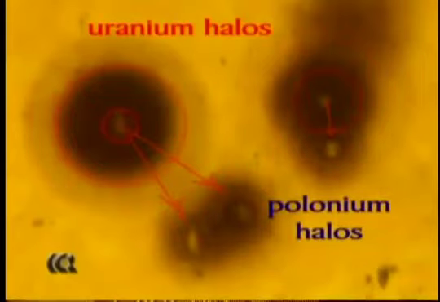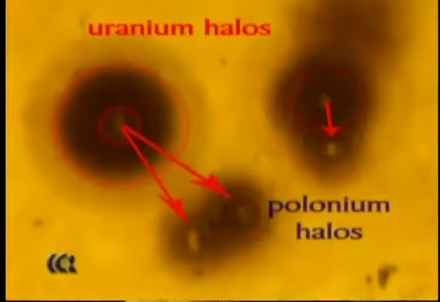The one on the upper left are uranium halos, and you can tell the difference by them by the number of rings that they have. And they're a little bit fuzzy, but after you've gotten experienced with this, you can begin to tell by the size and the number of rings in the halo which element it has. Each element puts out a different number of rings, so it's kind of like a fingerprint. You can actually identify what kind of an element it is.